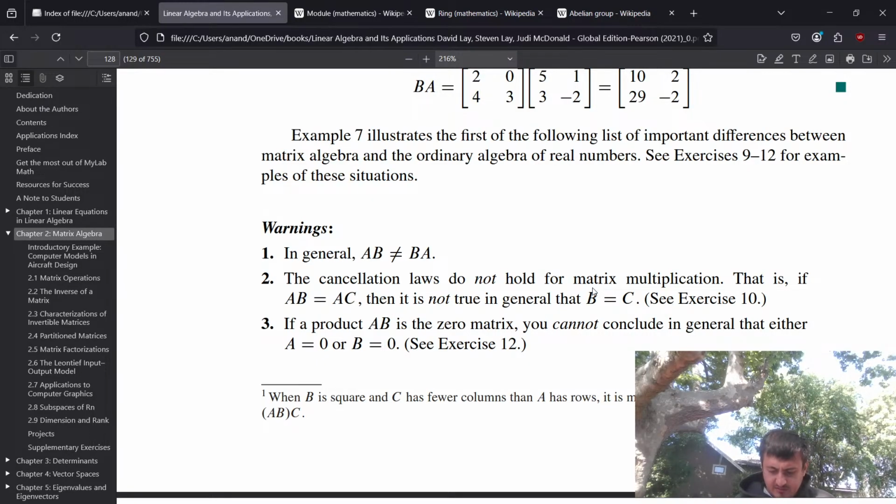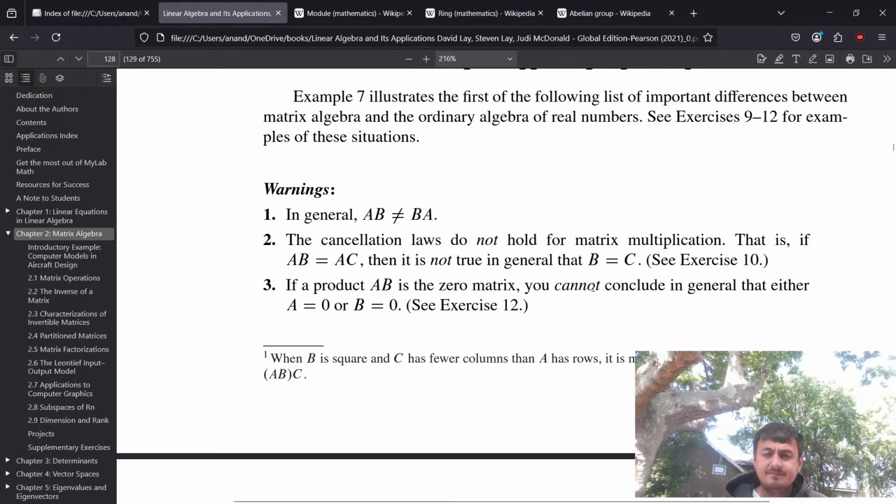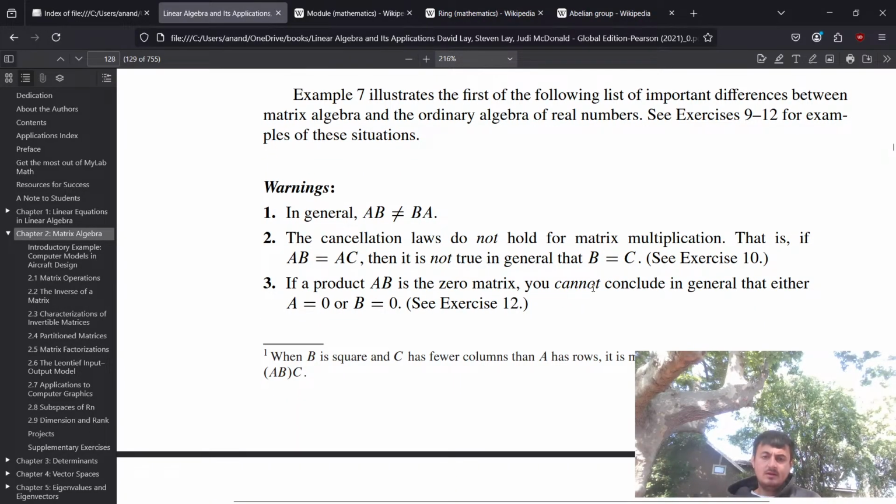If AB equals AC, can't cancel to get B equals C. What's an example of that? And if AB equals 0, we can't conclude A equals 0 or B equals 0.